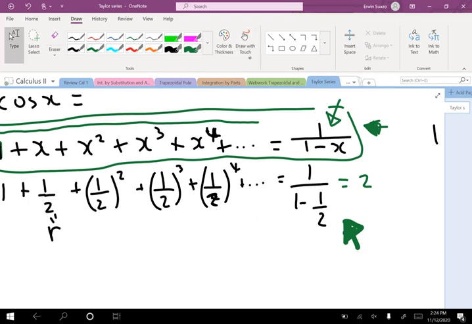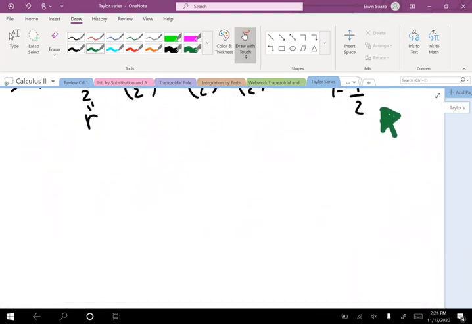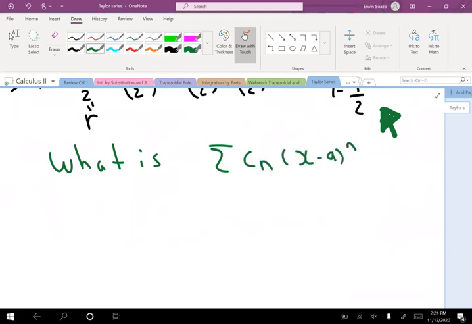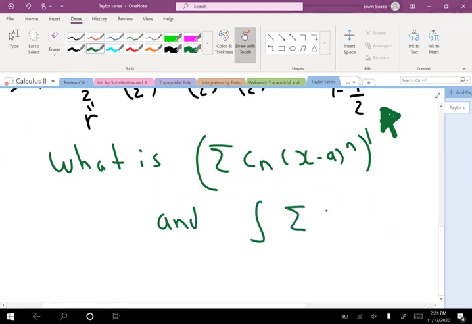Basically, what question I'm trying to make is, what is the derivative of Cn times x minus a to the n? What is the derivative of a series? And what is the integral of a series? N equals 0 to infinity.